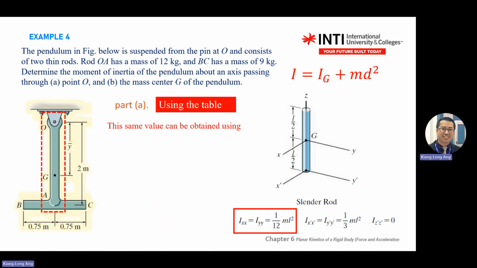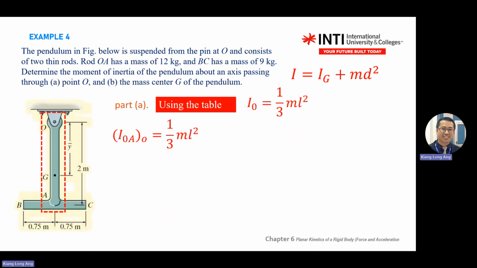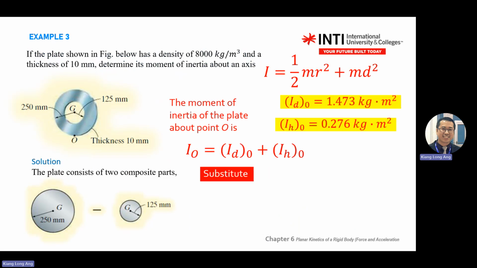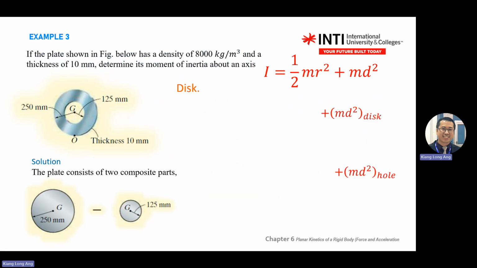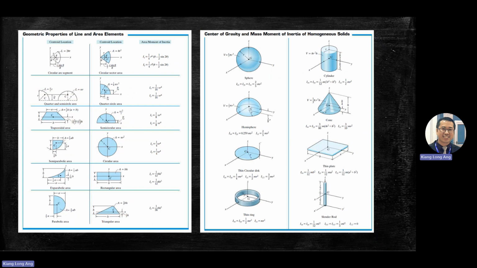So we refer back to this table. If you're given this object in the test, application problems, right? This is your datum. So on the table there, don't confuse cylinder and this one, but actually it's the same.